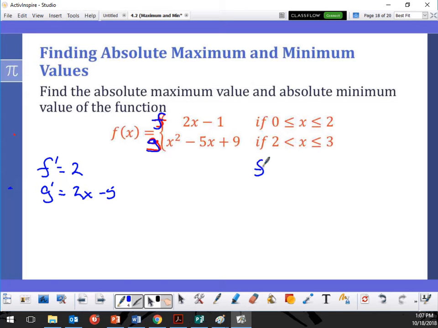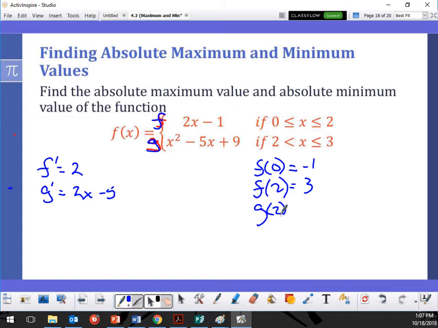So f of 0 would give me what? Now the other endpoint would be f of 2, which is 3, right?